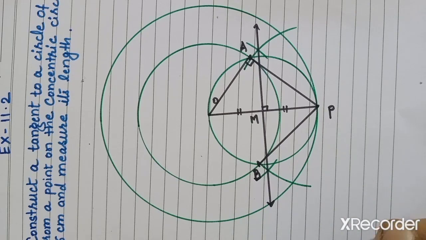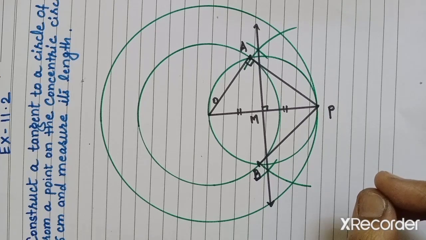And children, the steps of construction you have to write in your own words. Like first of all, taking point O as a center, draw a circle of radius 4 centimeter. Second point, with the same point as a center, draw another circle of radius 6 centimeter. Third point, take a point P on the outer circle.